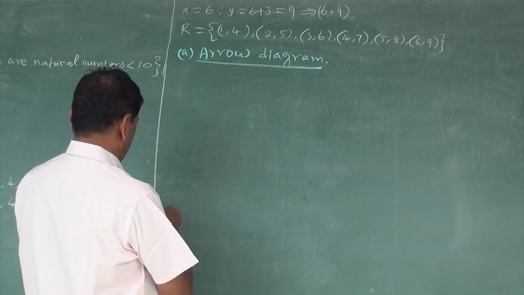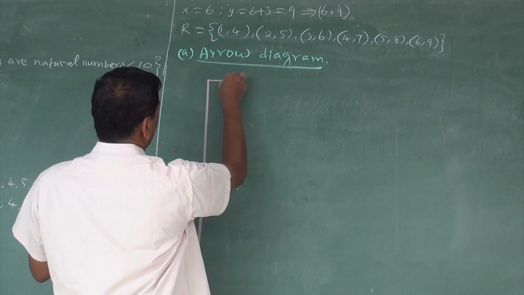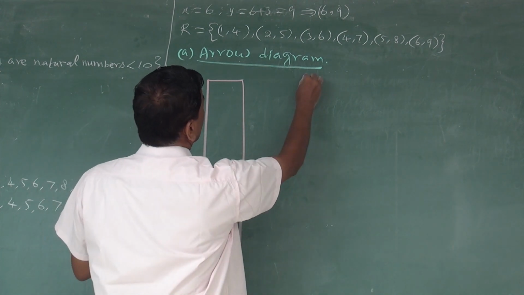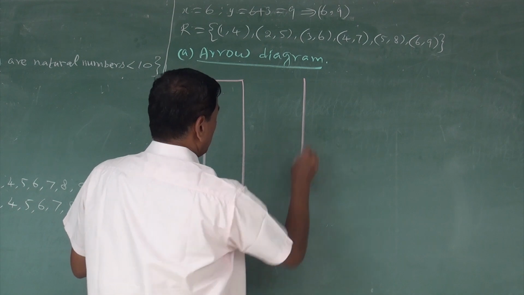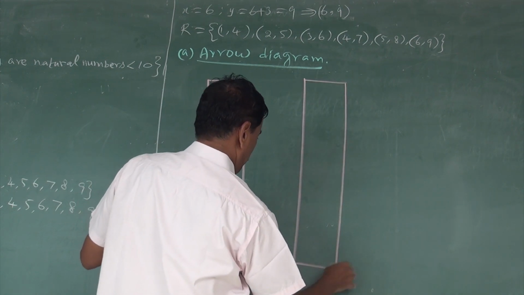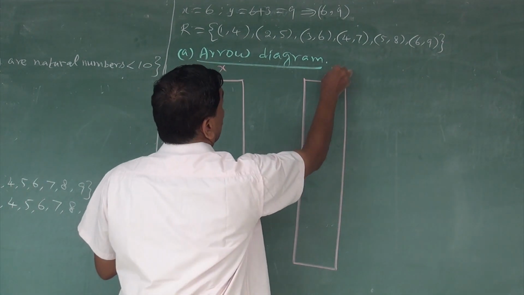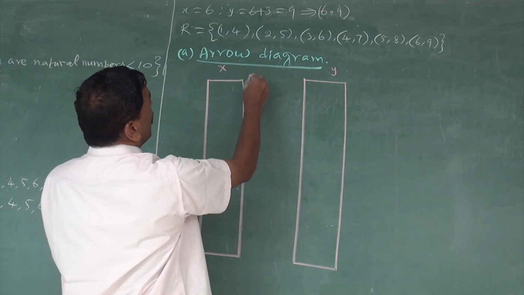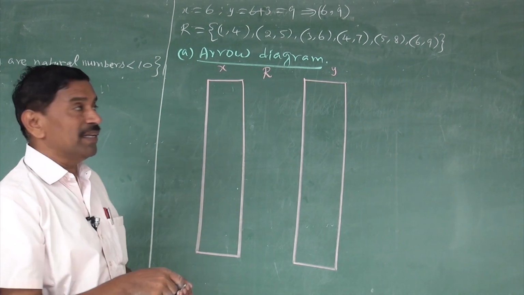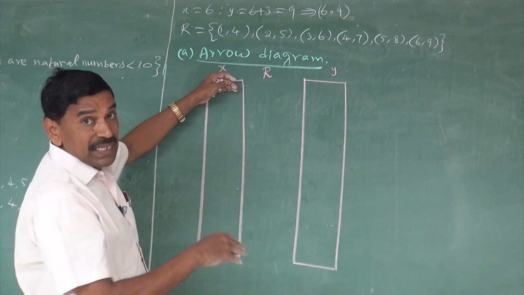Children, listen. X values. The first set can take x values and the second set can take y values, which is a relation R. X can take the values from where to where? X can take the values, the set of all natural numbers less than 10.